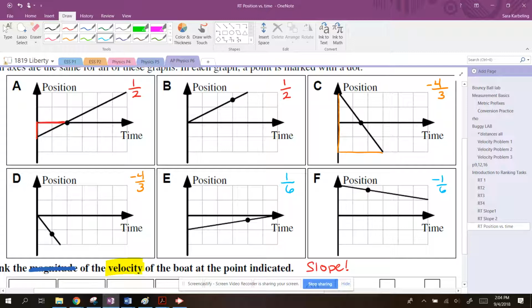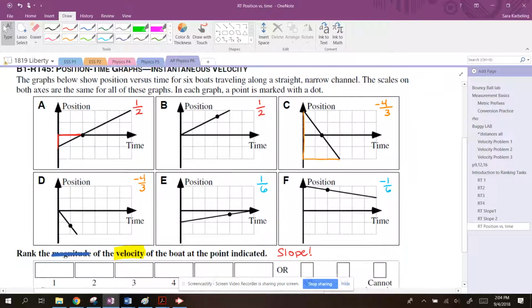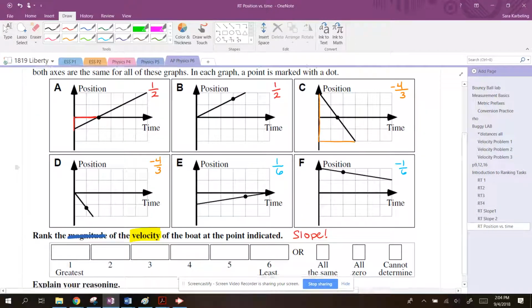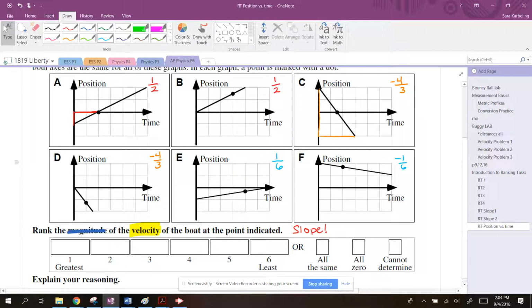We're literally just going to figure it out. We found all the slopes, which means we found the velocities. So now we got the velocities of those boats. And now we just need to rank it. Which one's the biggest? Biggest fraction there? A and B, right? They have the same slope, the highest velocity.